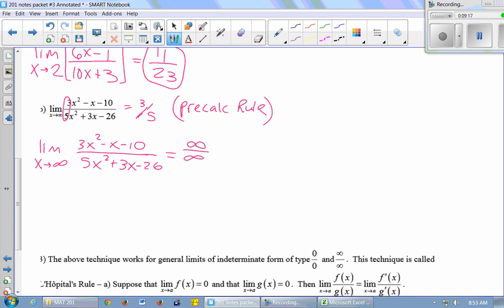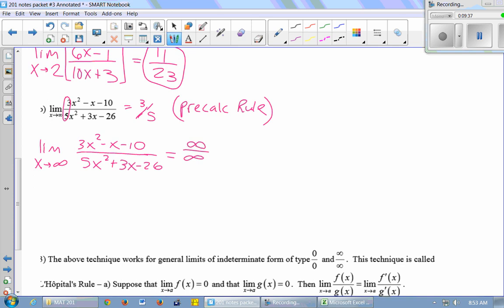It is impossible to know what happens when you end up with a limit that looks like infinity over infinity, unless you have some special rule that we have derived. The infinities can't cancel out. It all has to do with which one goes to infinity faster.